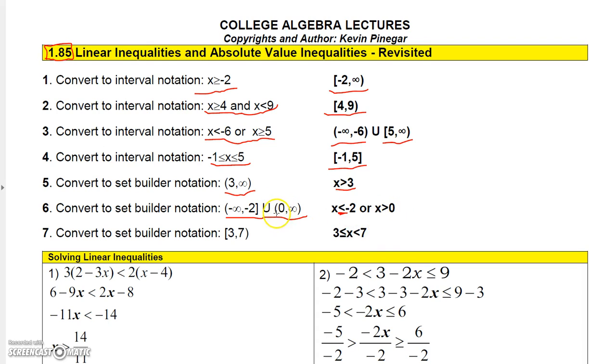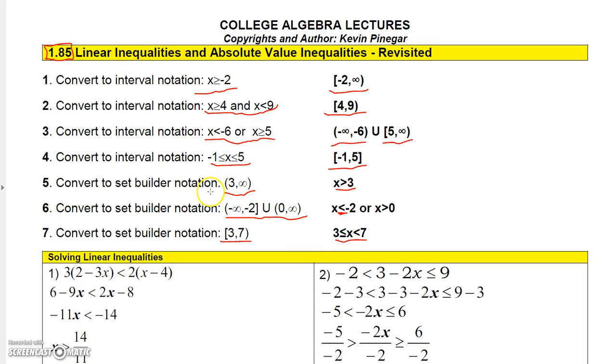There's no equal to there because that's parentheses. And then here you have x is greater than or equal to 3 but less than 7. So it's everything from 3 including 3 up to 7 not including 7. So it's two ways to represent sets of numbers.